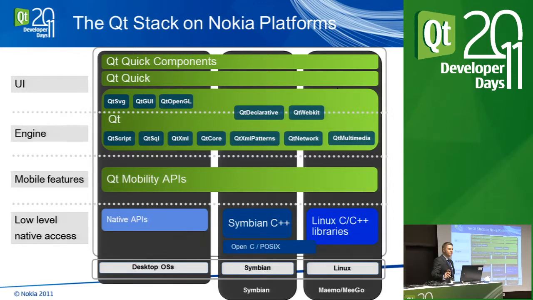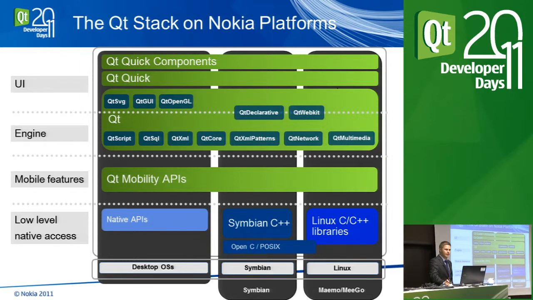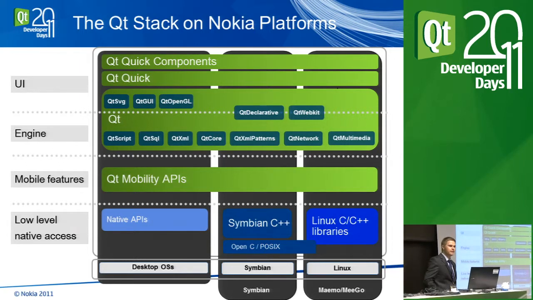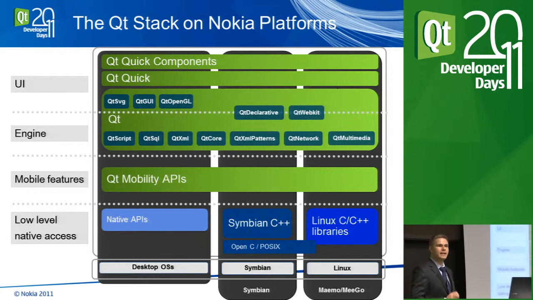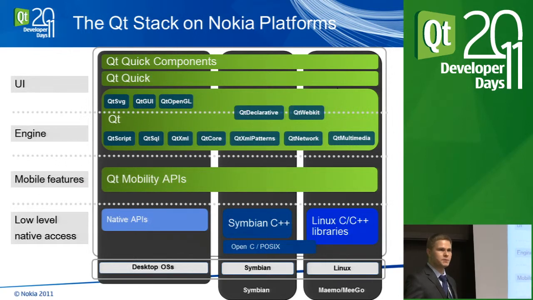So Qt provides a unified API for your application. That API is built on top of native APIs that are platform-specific, but Qt does an amazing job in hiding those differences. And as mentioned before, Qt also enables you to still access those native APIs if you really need to.